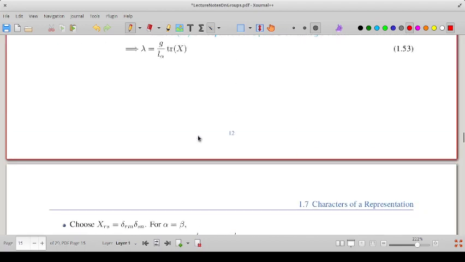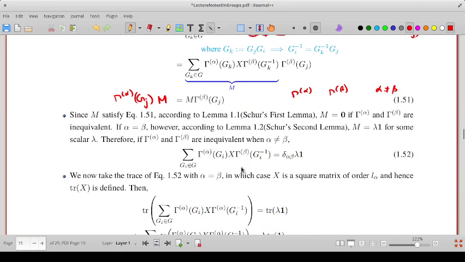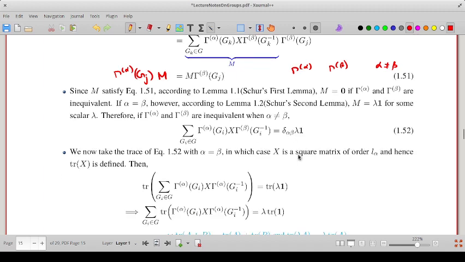Now going back to this original equation that we got, that is sum over Gi gamma alpha Gi X gamma beta Gi inverse equal to delta alpha beta times lambda.